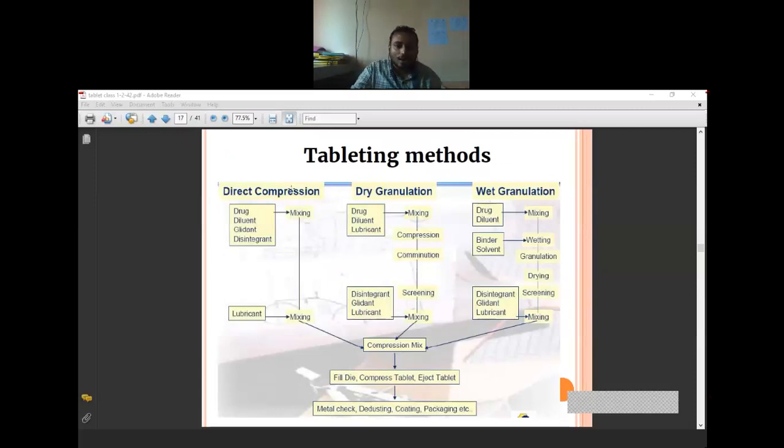So, tableting methods. Tableting method means the procedure of making a tablet. All of you know the main contents of the tablet. What are the contents? Diluents, binders, then disintegrating agents, then coloring agent, sweetening agent, flavoring agent, and anything else?